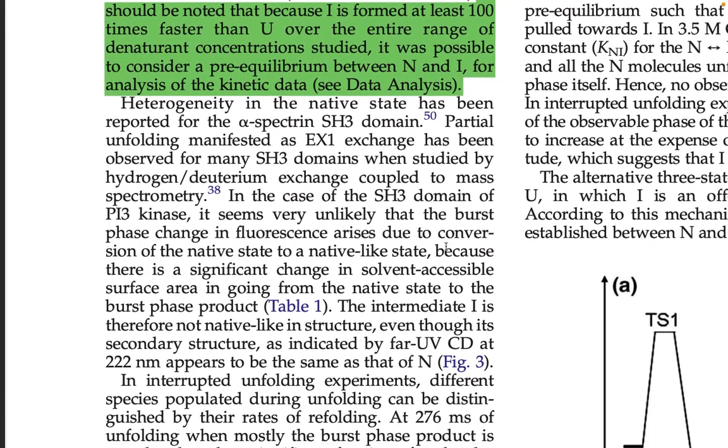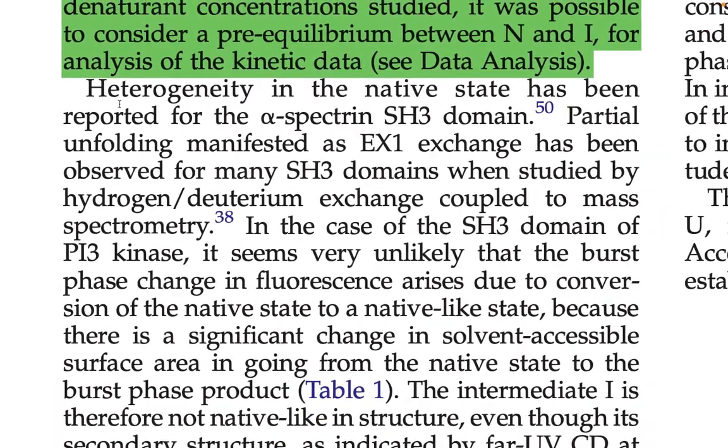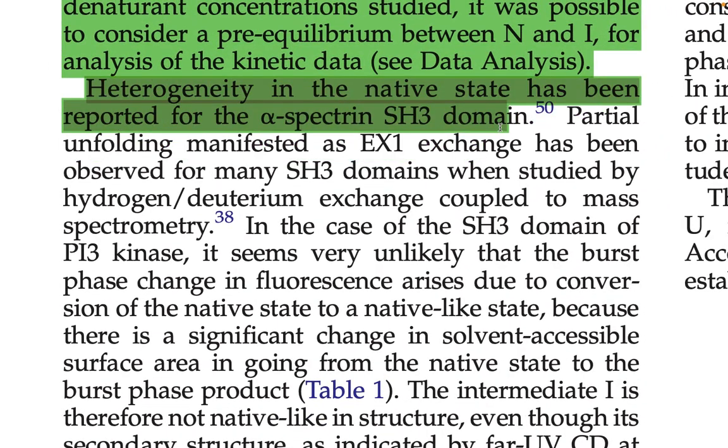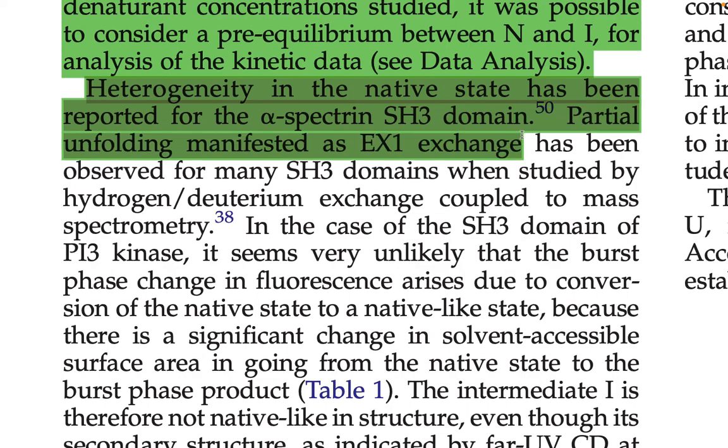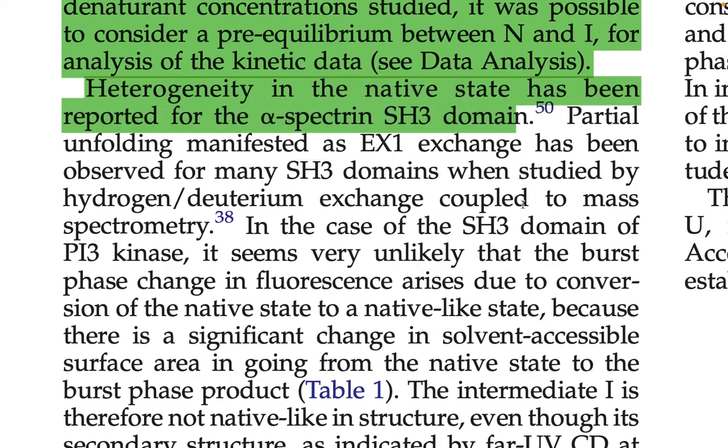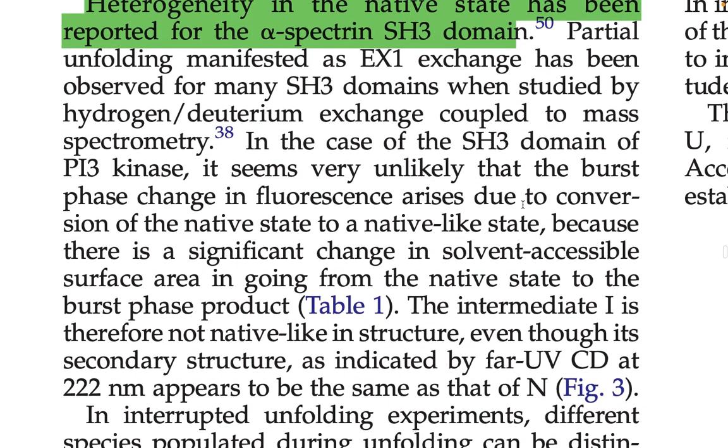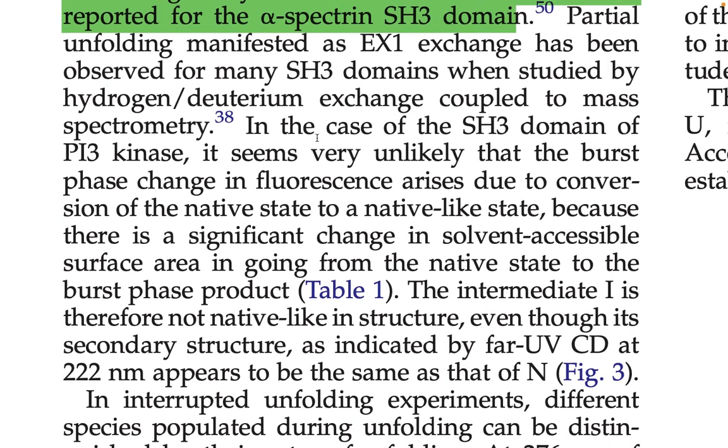Now, heterogeneity in the native state has been reported for the alpha spectrin SS3 domain. Partial unfolding manifested as EX1 exchange has been observed for many SH3 domains when studied by hydrogen deuterium exchange coupled to mass spectrometry.